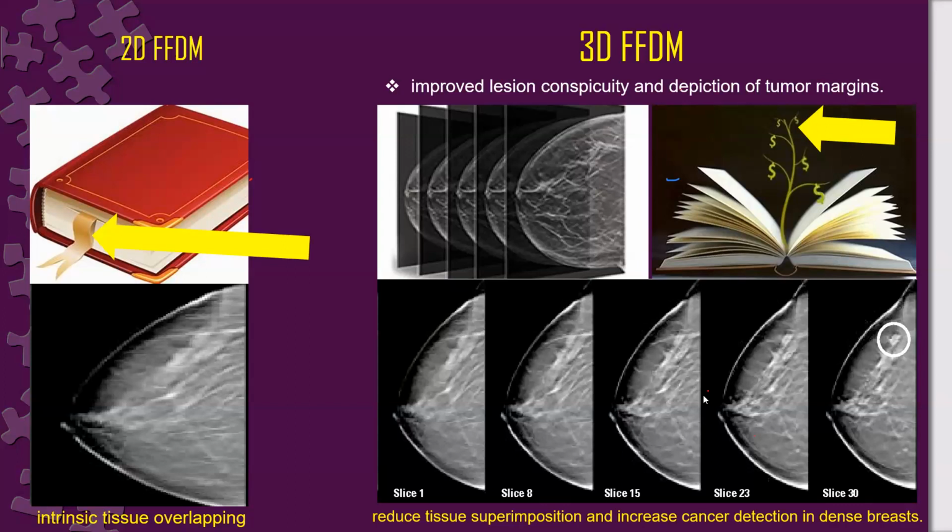Open paper by paper, I could appreciate at slice 30 this small cancer. Can you see it here? Definitely no. This is the tomosynthesis, so it overcomes the intrinsic tissue overlapping.